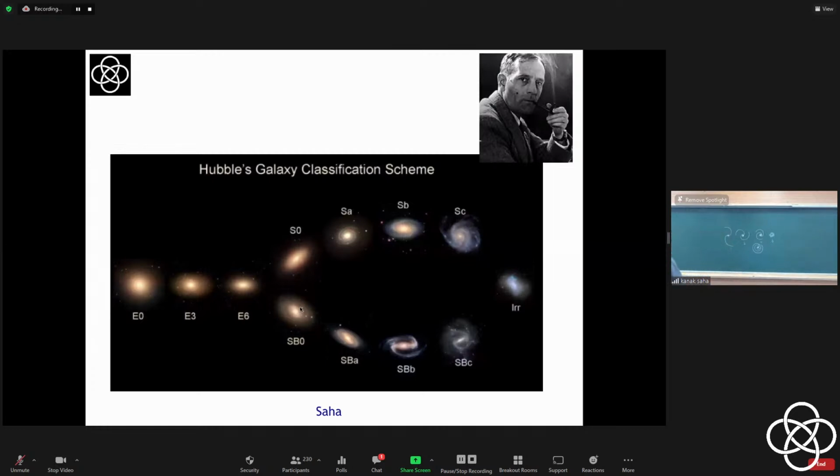And then you can also distinguish galaxies with a bar from this one, which doesn't have a bar, so there is only a central bright structure.